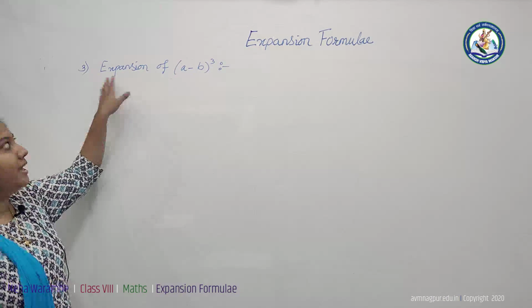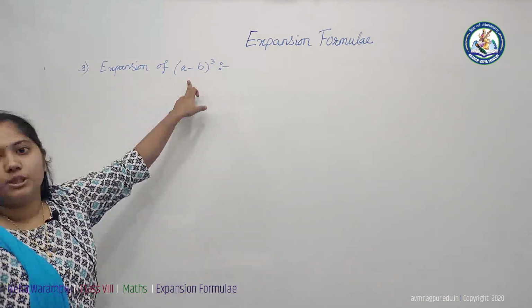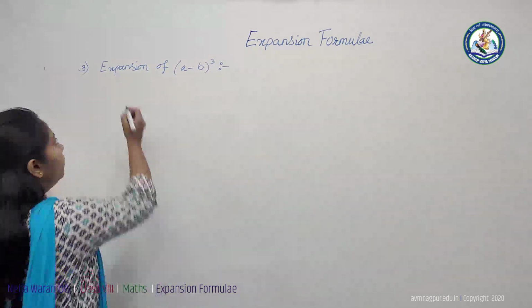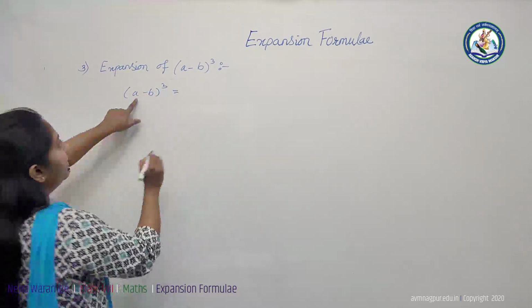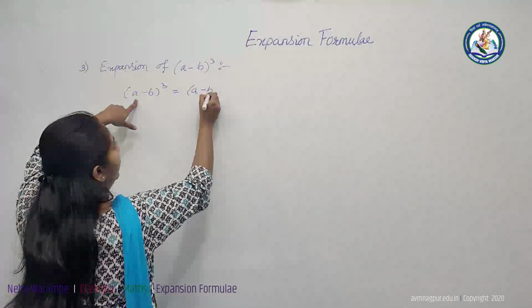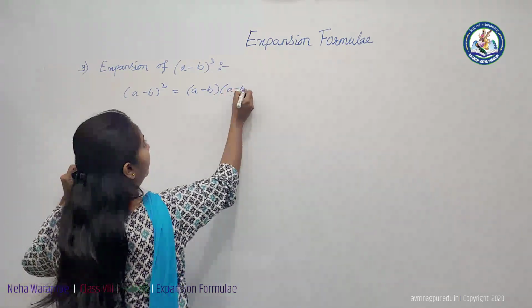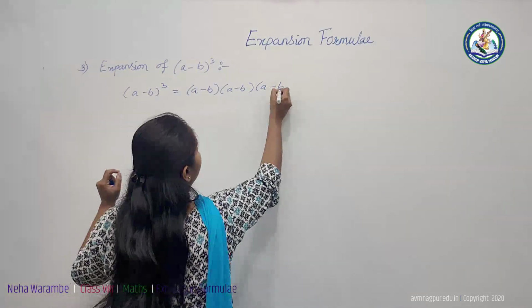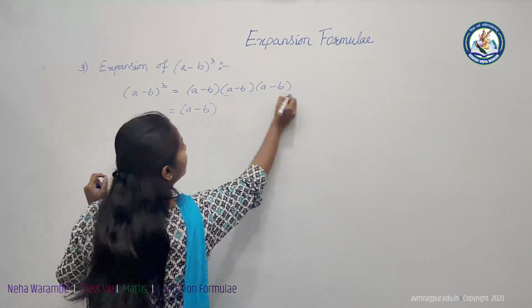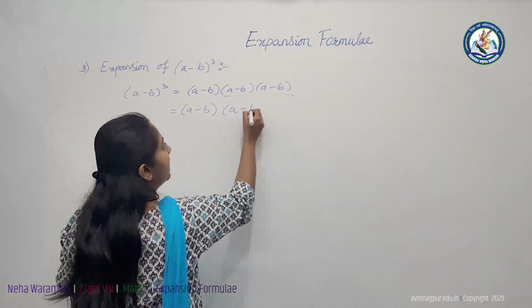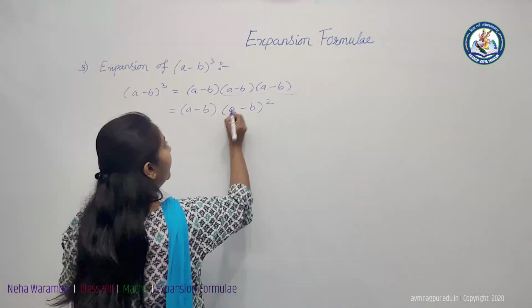The third formula is the expansion of (a - b) whole cube. Now write (a - b)^3 separately: (a - b) into (a - b) into (a - b). Now this (a - b) as it is, into (a - b) into (a - b), that means (a - b) whole square.